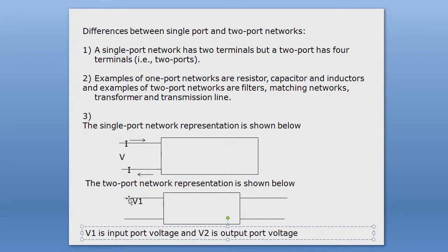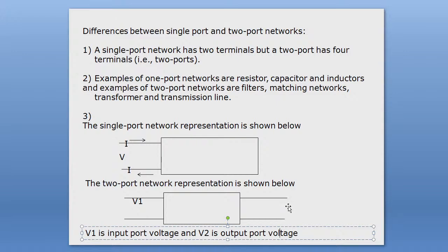I1 current will enter into the network through the upper input terminal, and it leaves from the network through the lower input terminal. On the other hand, for port 2, current I2 will enter into the circuit through the upper output terminal and it leaves from the circuit through the lower output terminal.